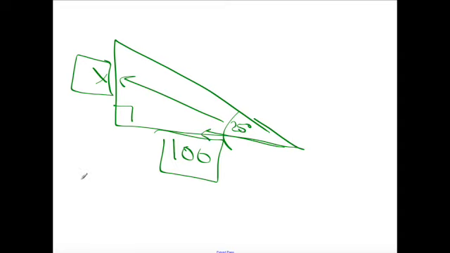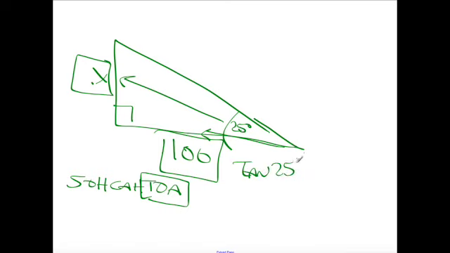And that means you would look at the relationships in SOHCAHTOA to help you determine which function, which trig ratio, you would need here. In this case, you have an opposite. You're looking for an adjacent. An opposite and adjacent are owned by tangent, right? So you would say the tangent of 25 is equal to x over 100, and then you would just solve by cross multiply.